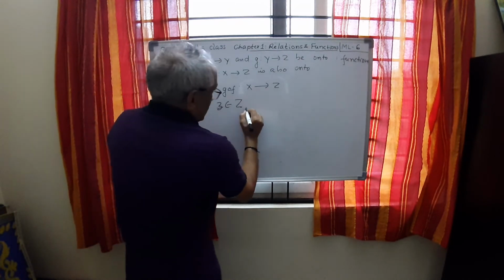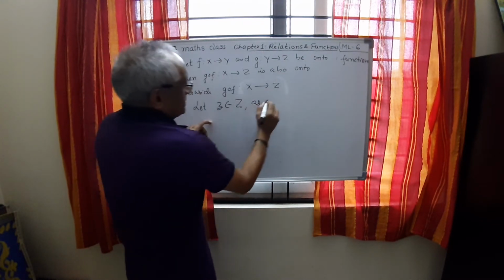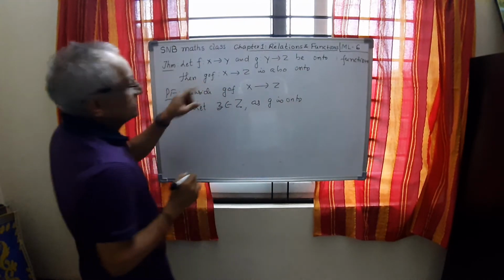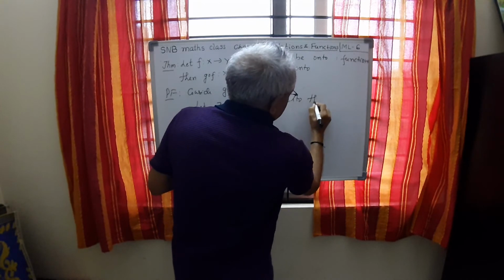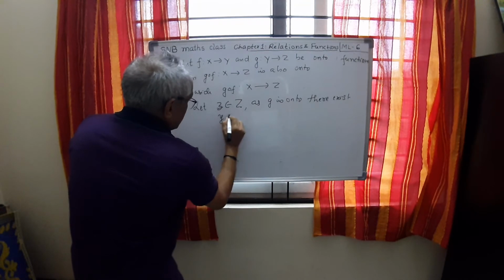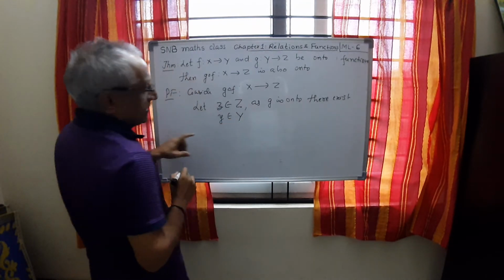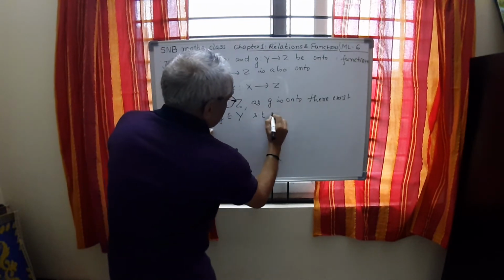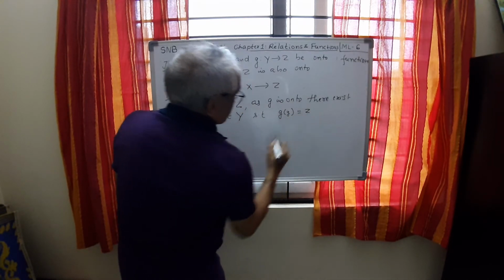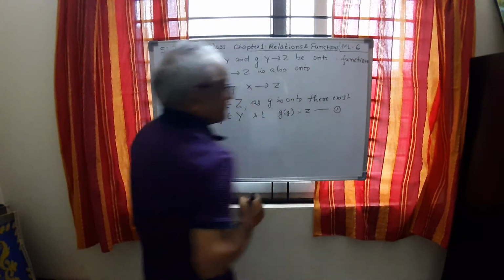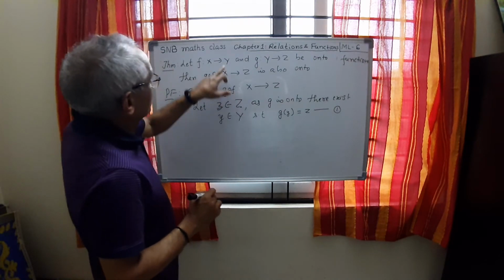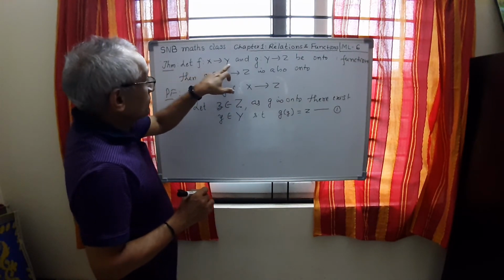Now, as g is onto, this is given, there exists y belonging to Y such that g of y is equal to z. So this is 1. Then the same argument: now y is in Y, but f is also onto.